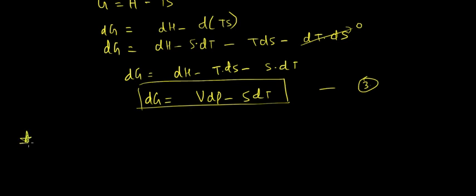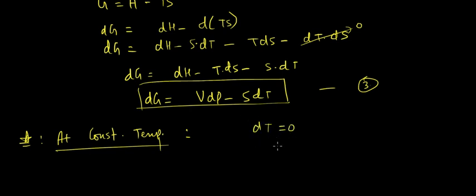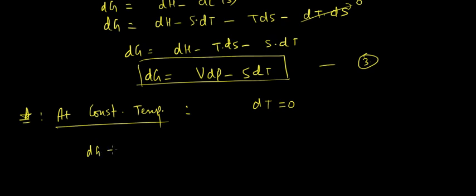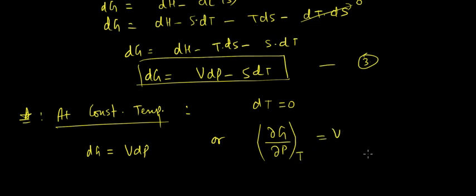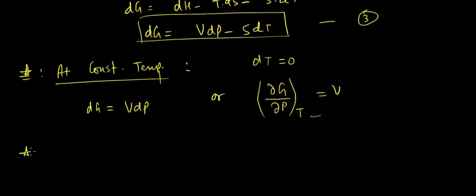Okay. So now let's look at what happens at constant temperature. At constant temperature we can write that dT is equal to 0. Therefore dG would be equal to VdP from here, or we can write that del G upon del P at constant temperature is equal to V. Okay.